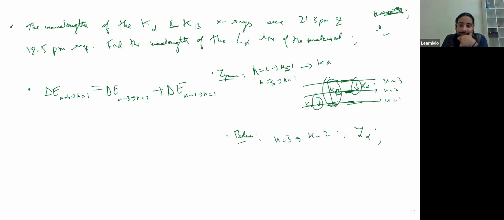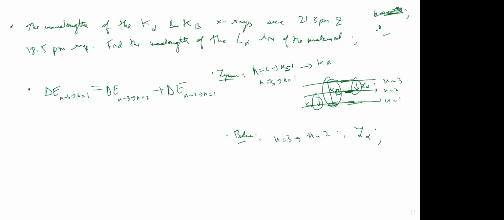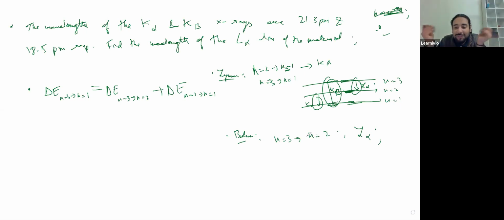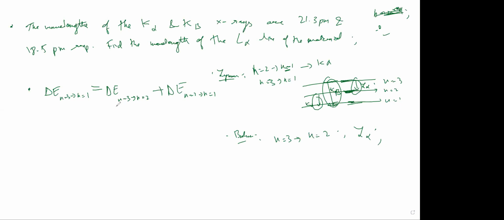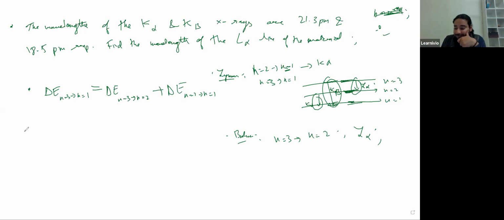Yes, no, maybe? Yes, sir. Because these are just energy levels, right? So the total energy has to be equal to the sum of the energies by definition. Okay, sir. So what was delta E? Now, we know how the energies are related to each other.